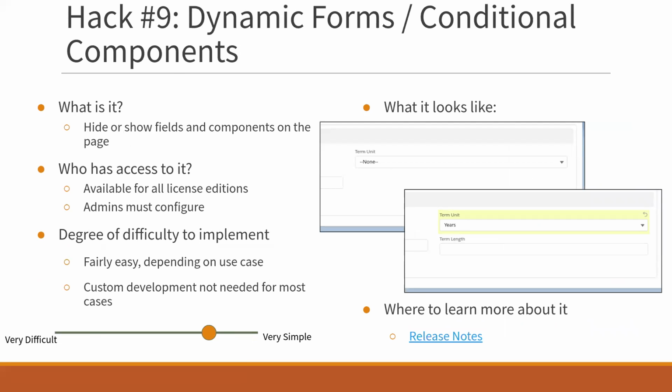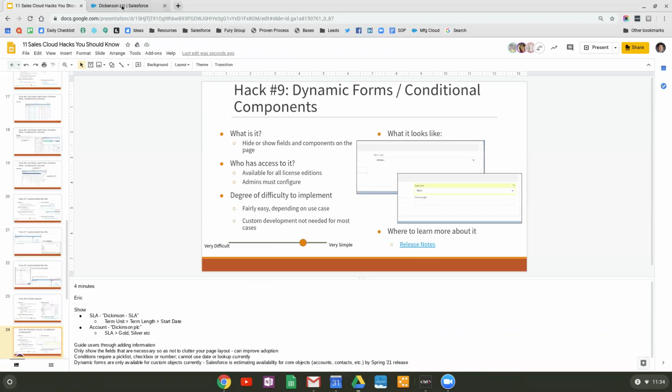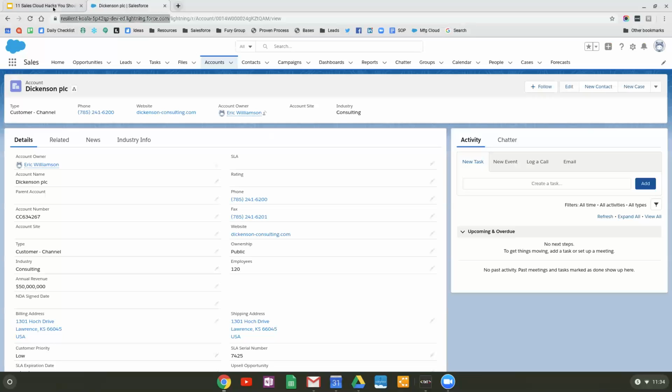The next one, hack number 9, dynamic forms and conditional components. These are technically two different features that are actually pretty well related. And I'm going to dive into an actual demo here, but let's start with the dynamic forms.